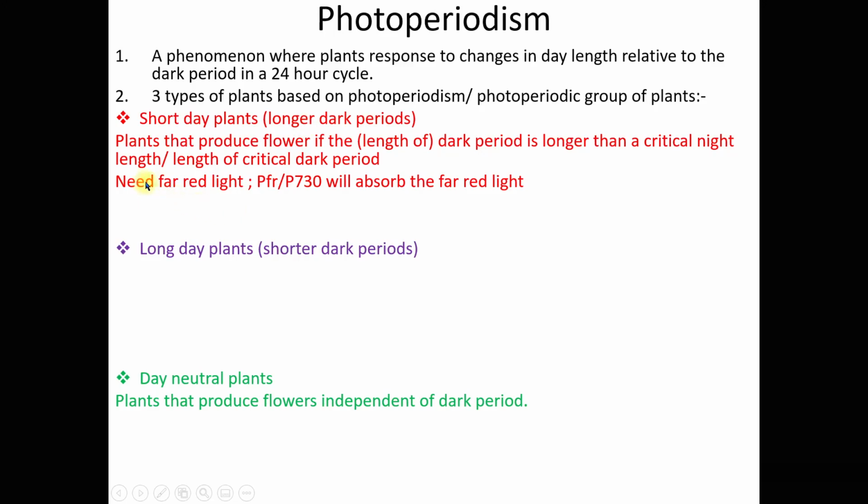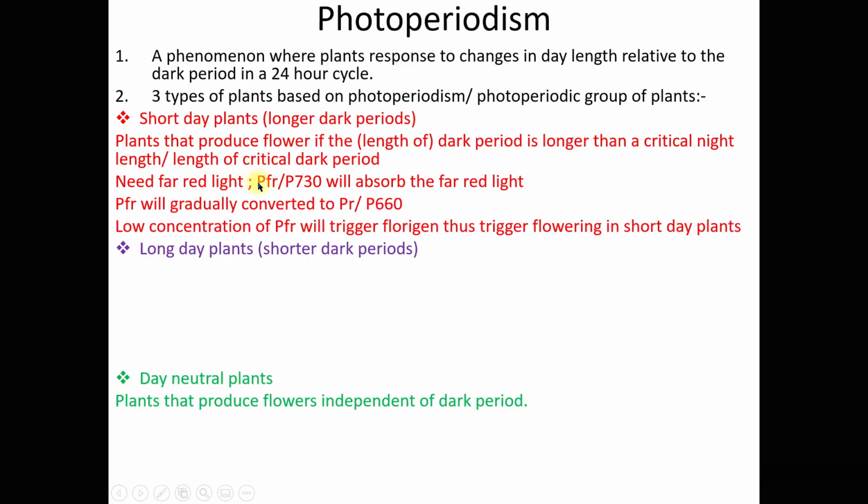When these short day plants receive far red light, what happens? Their PFR, P730, will absorb the far red light, because the phytochrome PFR absorbs far red light.